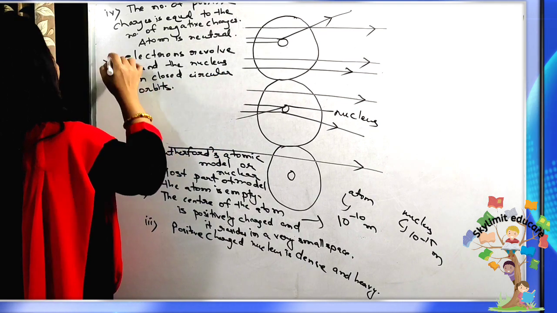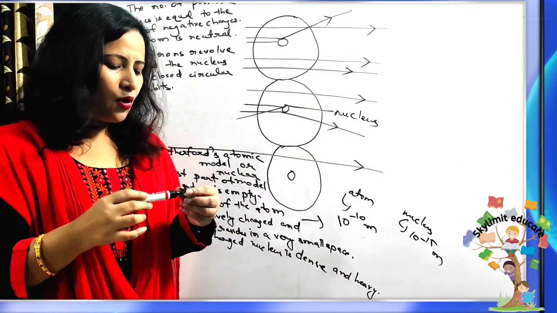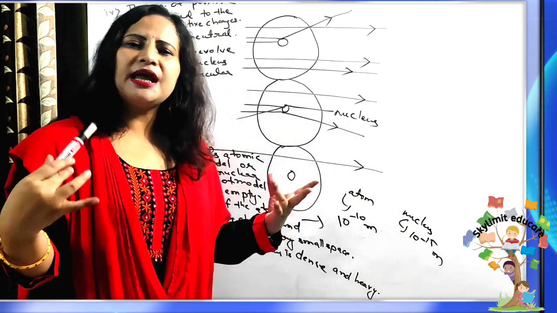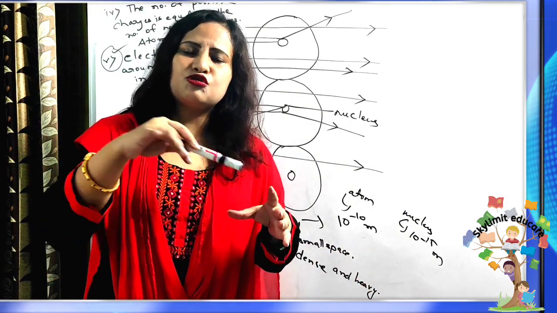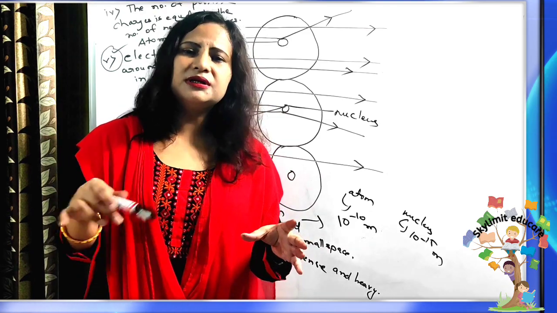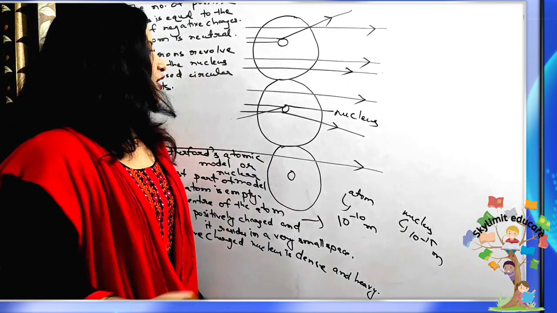So this was perhaps the most important point given by Rutherford, because with the help of this experiment, how was he able to conclude that these negatively charged electrons are revolving around the nucleus? Yes or no? So that was the most important finding of Rutherford.